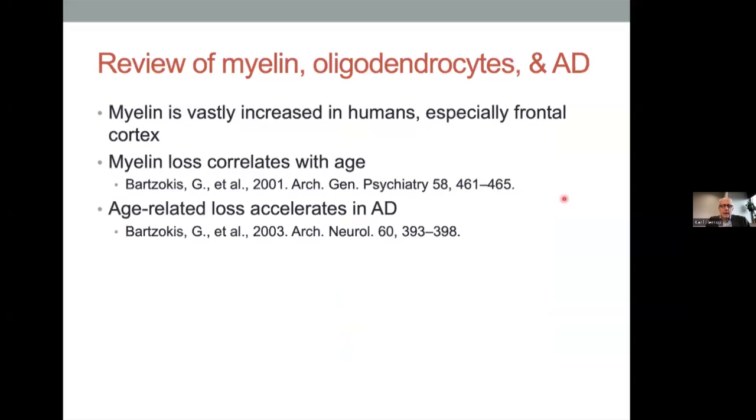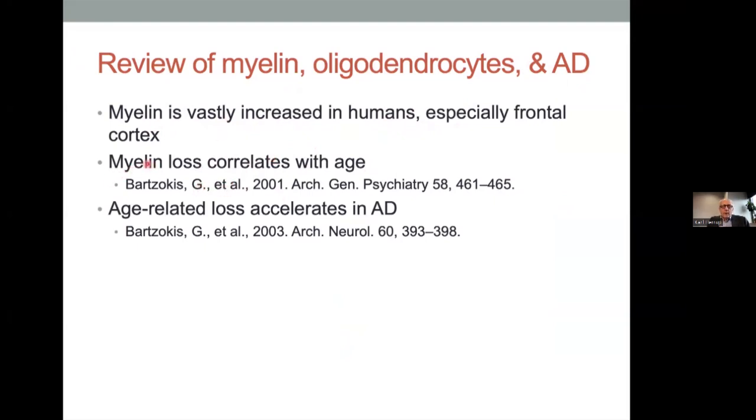And they are involved in a myelin story, which looks at the role of oligodendrocytes in the etiology of Alzheimer's disease. So myelin is very attractive as a possible driver of Alzheimer's disease. And in part, that's because the quantity of myelin in the brain is huge in humans, and it's vastly increased compared to other creatures.